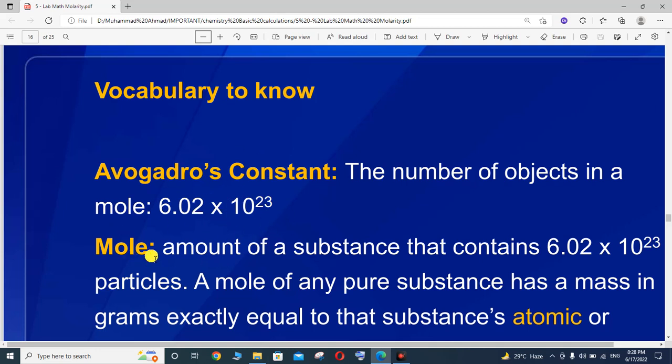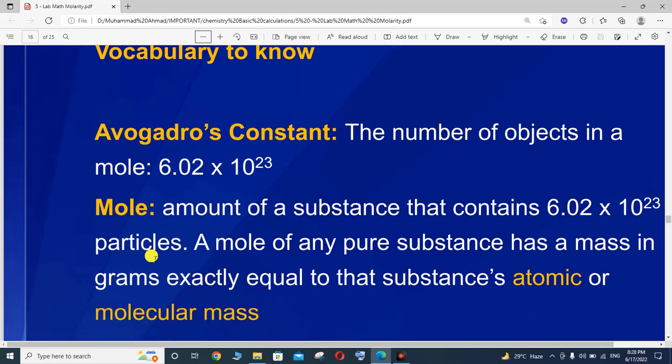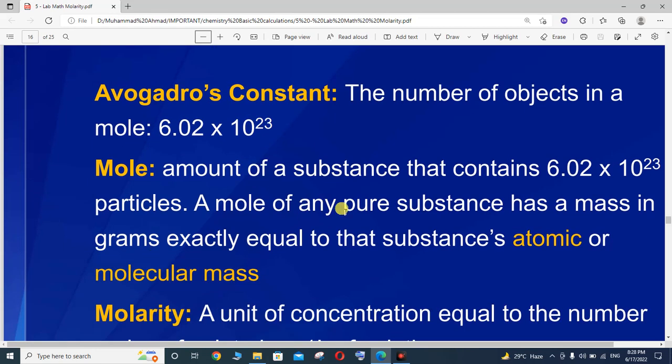How will we define the mole? A mole is the amount of a substance that contains 6.023 multiplied by 10 raised to power 23 particles, atoms or ions.